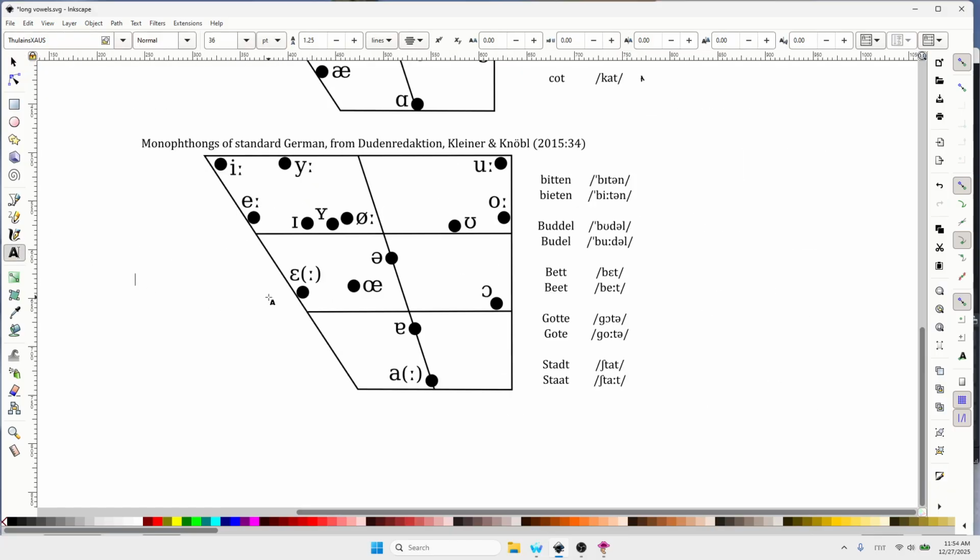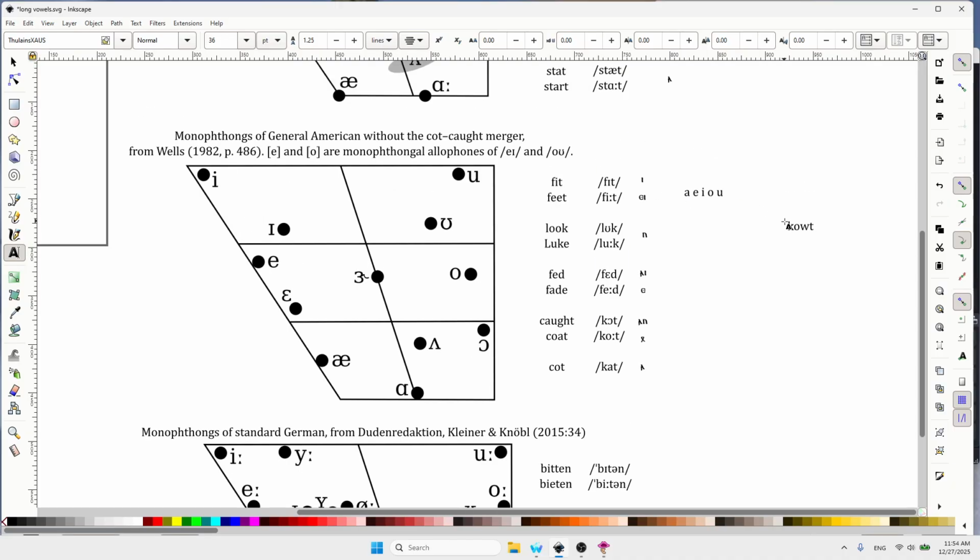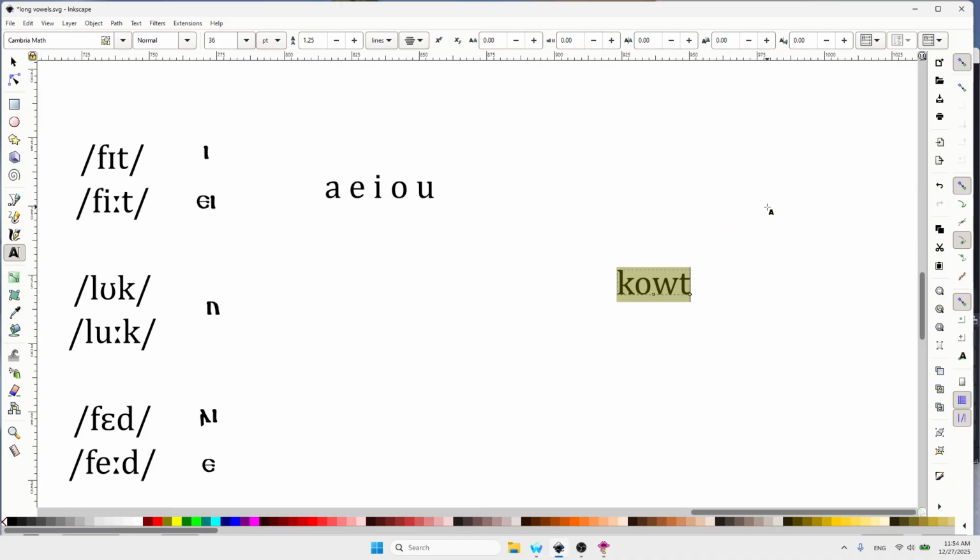But an example of that would be the word, hopefully I'll spell this right, Dänemark, Dänemark.